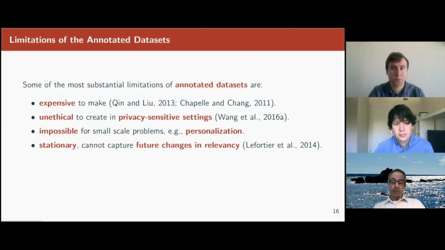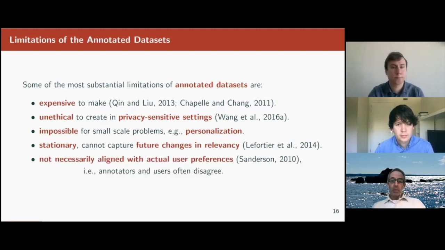So it's not stationary, and of course annotated datasets would be stationary. They would have fixed annotations per document for a given query. But potentially an even bigger challenge is the fact that these annotations provided by judges don't necessarily align with what actual users want.